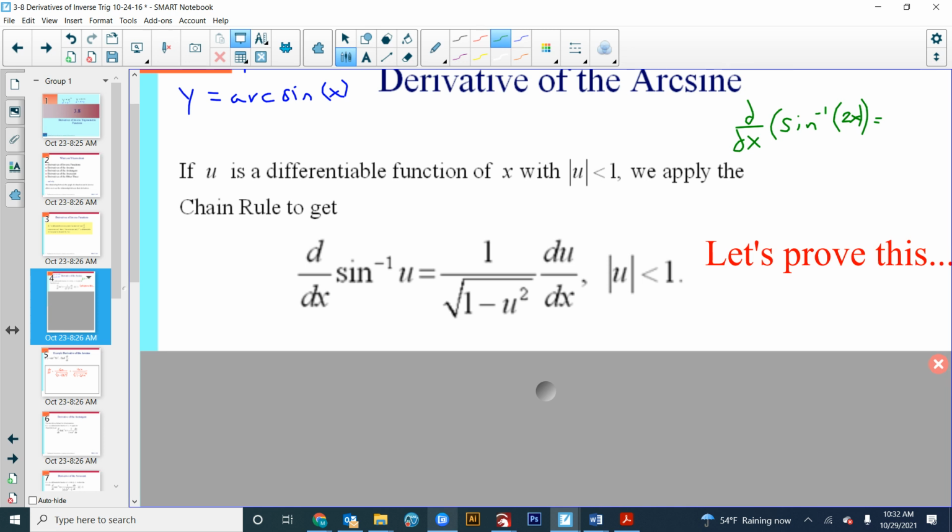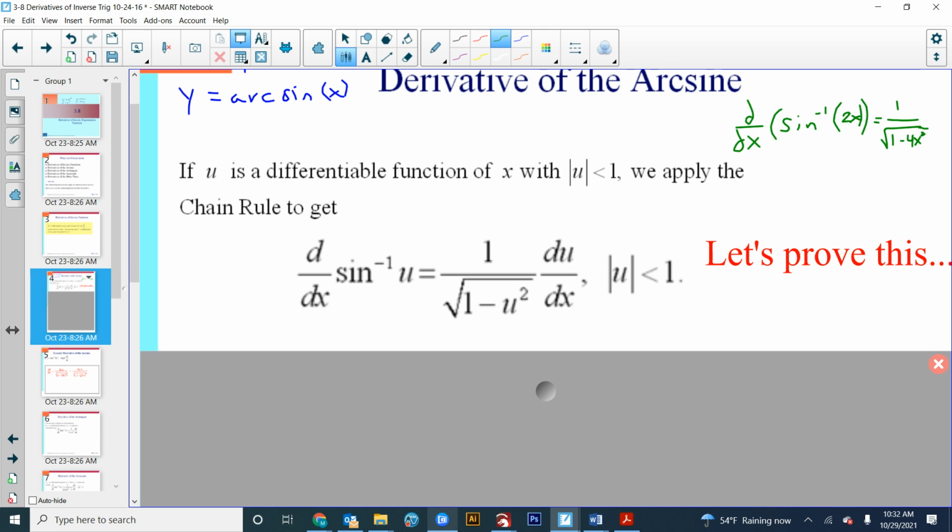This template says take 1 over the square root of 1 minus 2x squared. What is 2x squared? 2x times 2x, 4x squared. Times, what's this du dx?